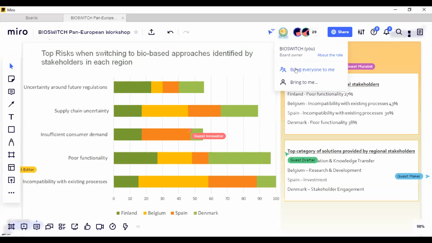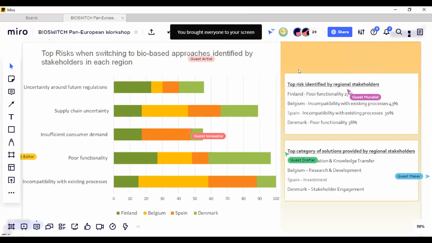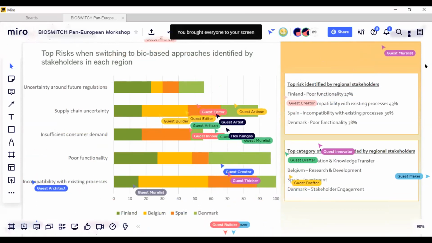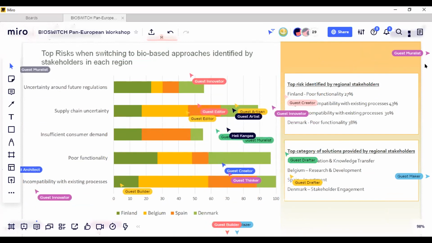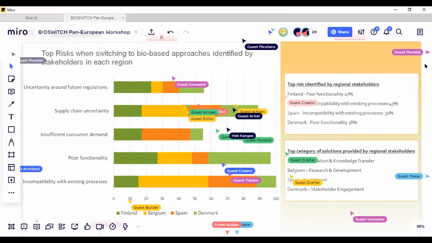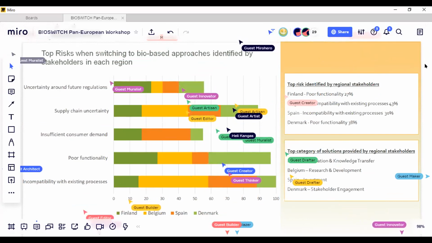Yeah, I'll move on to shaping solutions for bio-based approaches now. So thank you for your inputs, and moving on now to the risks. As companies and brand owners often have uncertainties around the bioeconomy and switching to bio-based approaches, when asked what they see as the main risks associated with bio-based product uptake, at a pan-European level, 61% of brands indicated poor functionality and 52% indicated incompatibility with existing processes.